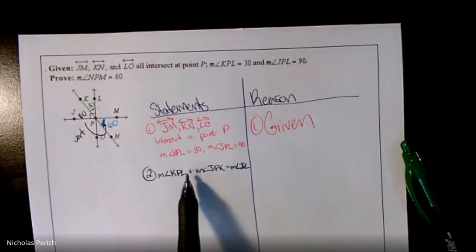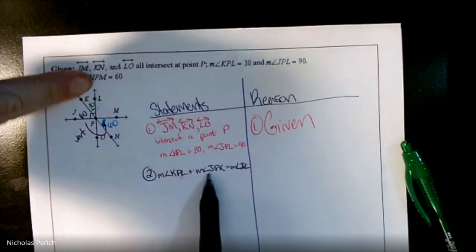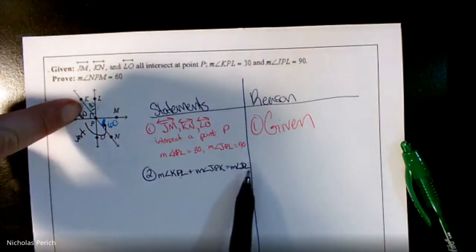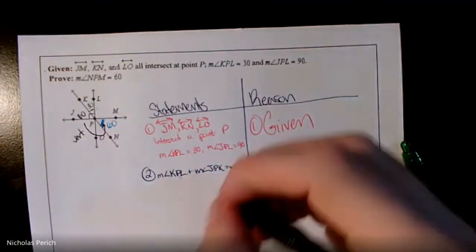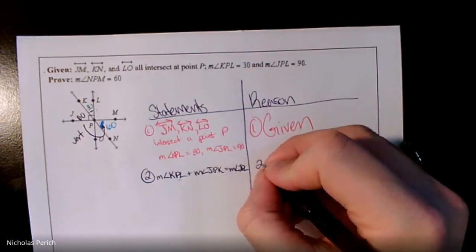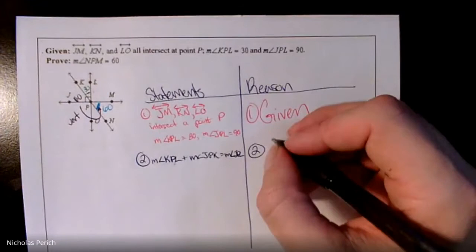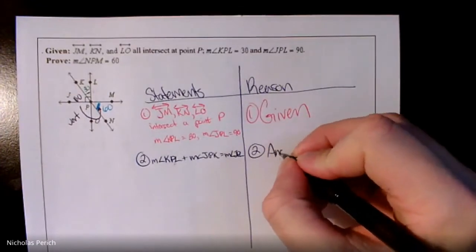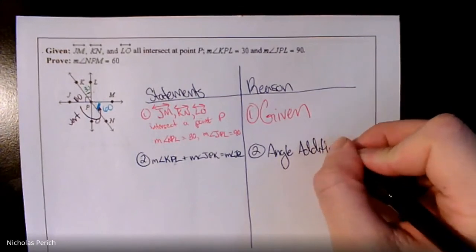The measure of angle KPL right here plus the measure of angle JPK right here equals the measure of angle JPL. I added two angles to get another angle. Just like I did with the segments, I use the angle addition postulate.